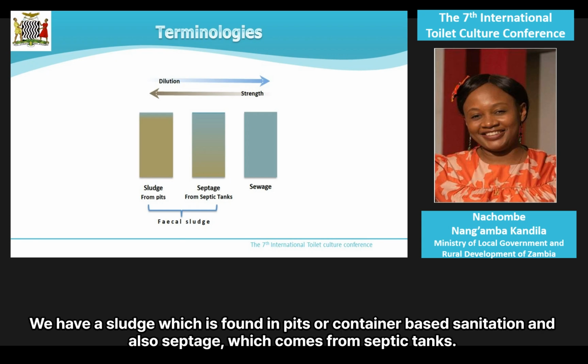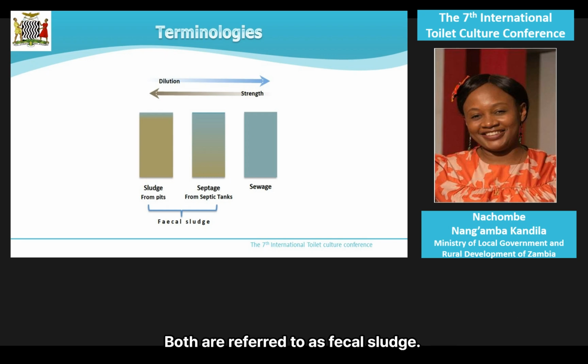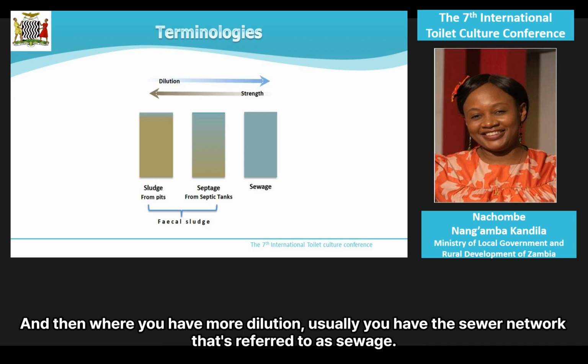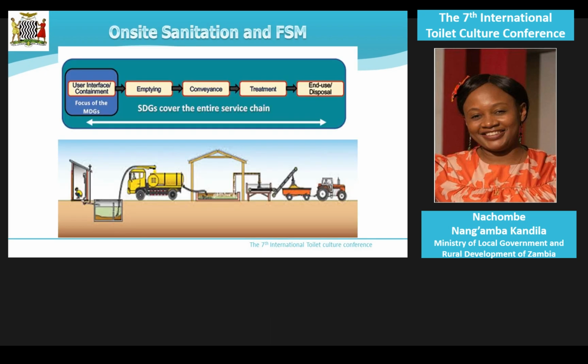So we have sludge, which is found in pits or container-based sanitation, and also septage, which comes from septic tanks. Both are referred to as fecal sludge. And then where you have more dilution, usually you have a sewer network, and that is referred to as sewage.